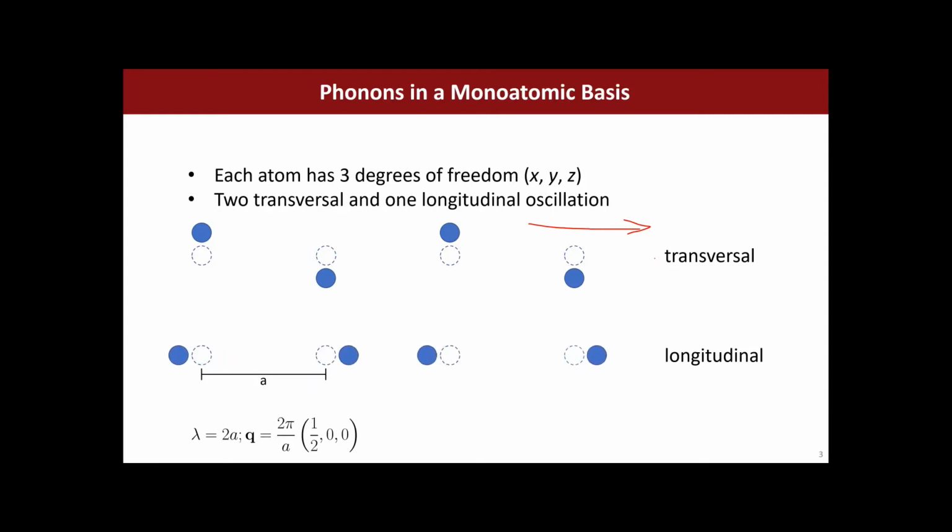The former is called transversal, and there are always 2. Here in a 2D view, I can only show one of them, but there are always 2 ways to move transversally, perpendicular to the wave propagation direction. And the other one is longitudinal, when the oscillation is in the same direction, parallel to the propagation direction of the wave.